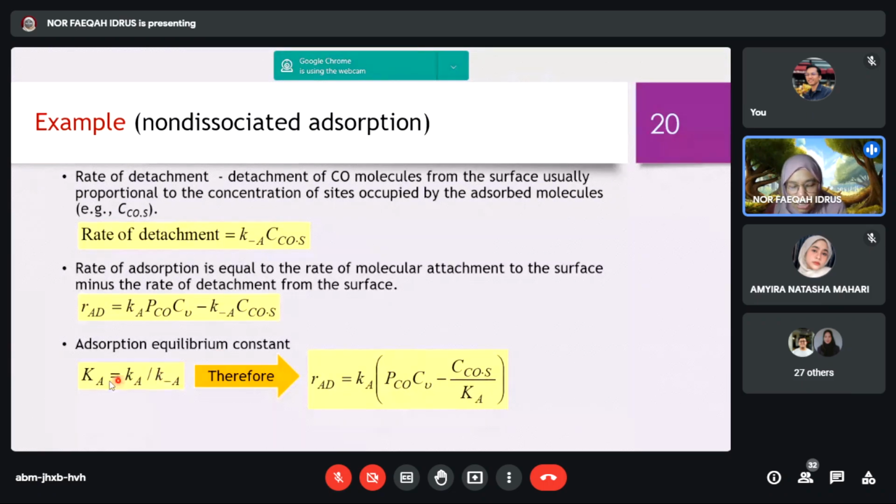Because of this thermodynamic relation, we can simplify this equation. It becomes this equation, written in terms of the adsorption equilibrium constant. So, rearrange the equation and you get this equation.